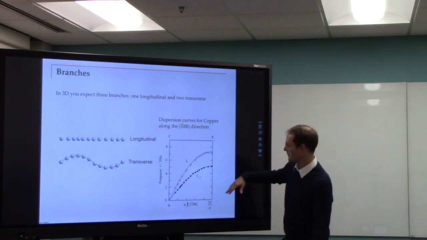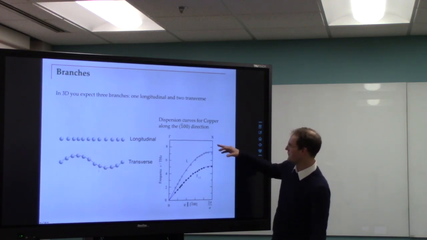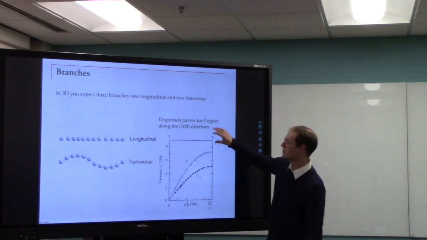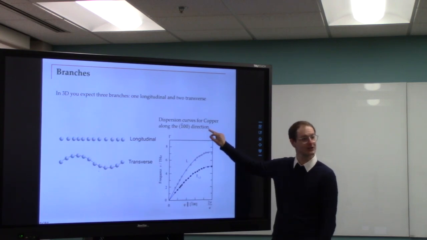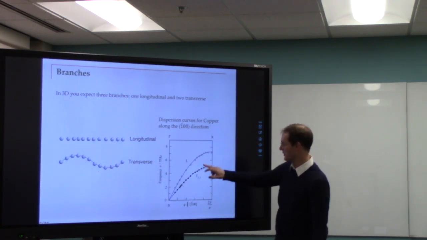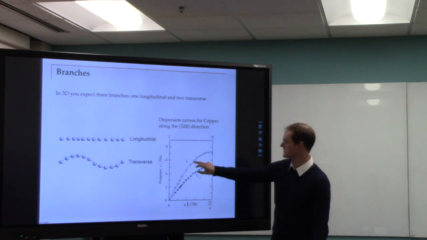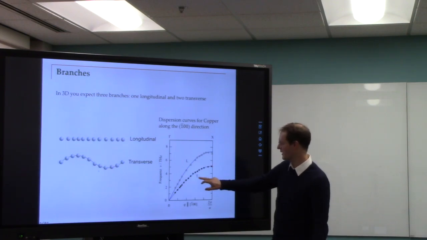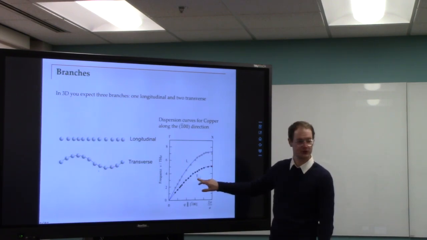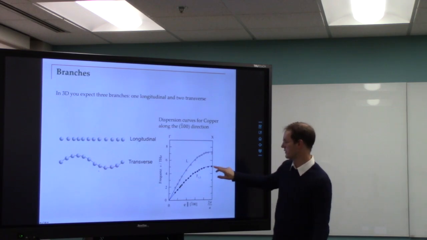And so here are the dispersion curves for copper along the 1, 0, 0 direction. You can see there's a longitudinal mode that qualitatively looks like this sine function. And then you also have a doubly degenerate transverse mode, which is lower in frequency.